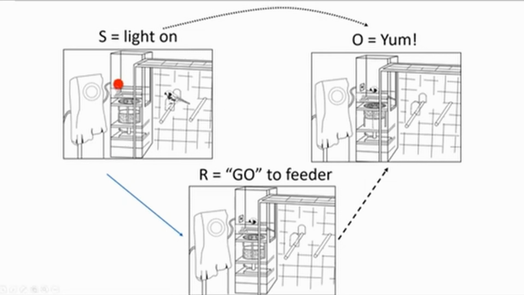You can get food if that light is on and if you make this response; that is the only way to get food. So we have those three different associations, with some combination of the light being on, doing the response, and getting food, depending on how we connect these three.